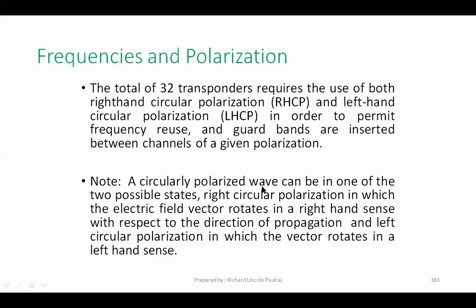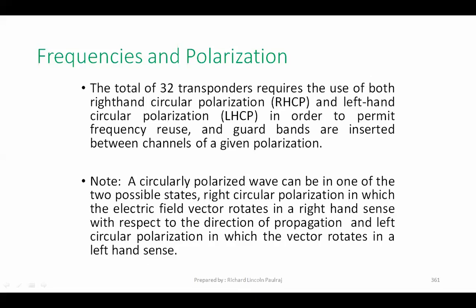A circularly polarized wave can be in one of two possible states: right circular polarization, in which the electric field vector rotates in right hand sense with respect to the direction of propagation, and left circular polarization, in which the vector rotates in a left hand sense.